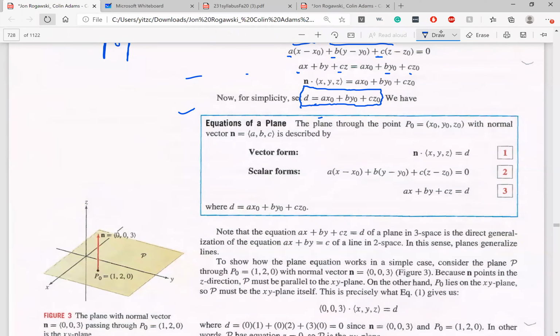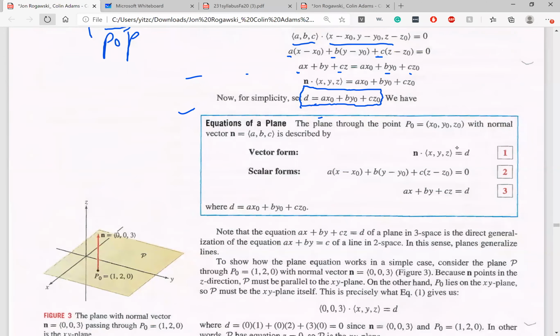Like I said, every plane has the vector form n dotted with some vector. In general, you should think about it as a times x minus x0, b times y minus y0, c times z minus z0, and that also gets you to ax plus by plus cz is equal to d, where d is equal to ax0 plus by0 plus cz0.